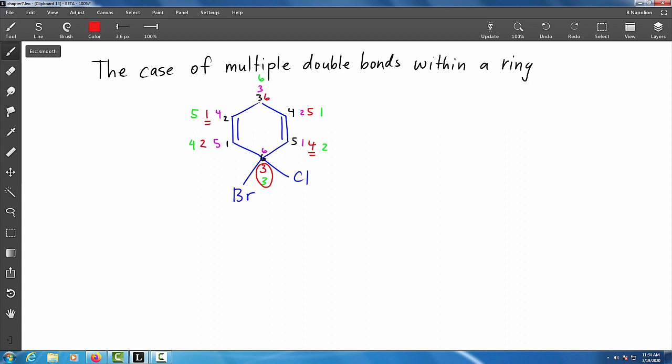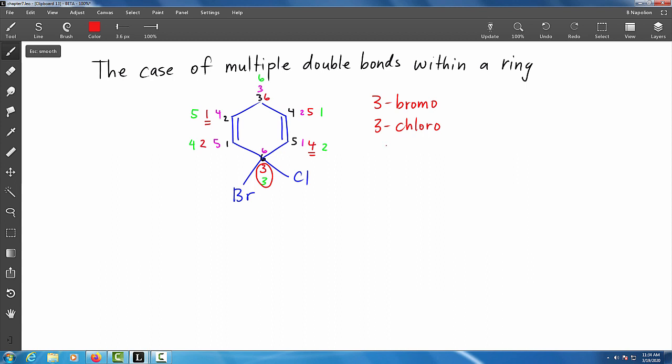So, what I can name this molecule, I have a bromo on number 3. So that's 3-bromo. I have a chloro on number 3. And I have a double bond on 1 and a double bond on 4.